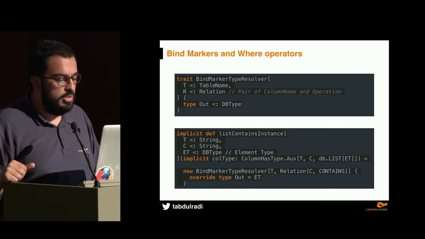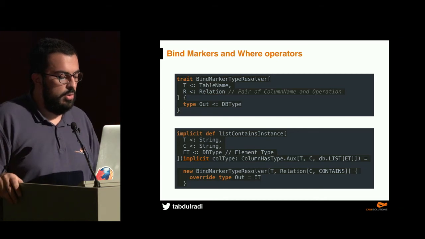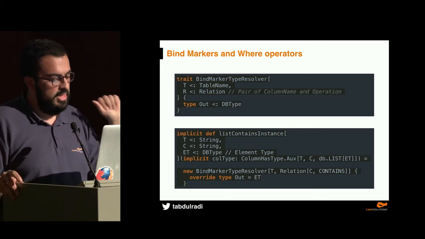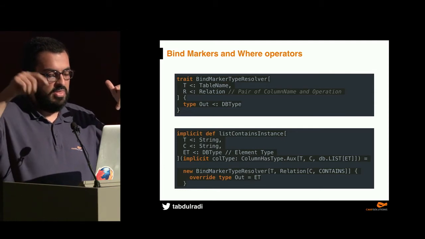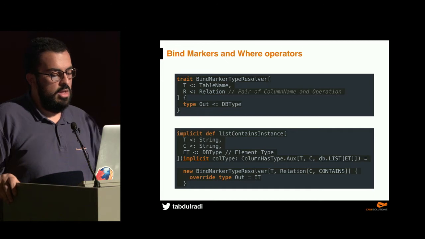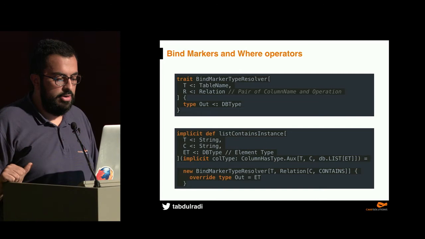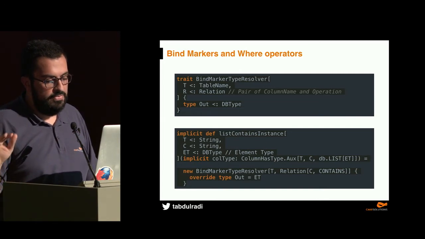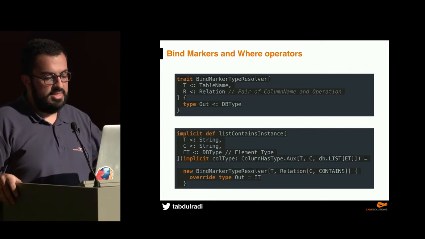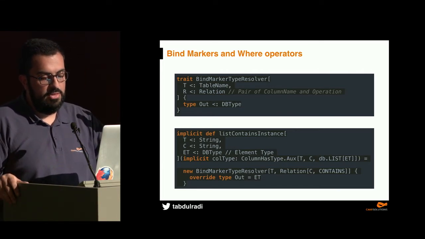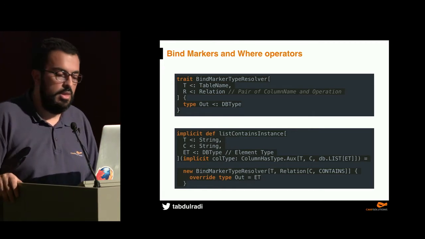For the type parameters, I'm again going to define them composed rather than defining the whole thing in one go. We say there is a table T, whatever, a column C, whatever, and an element ET, the thing that's inside the list. Given those three type parameters, I first ask the compiler if there is a column type instance defined inside this table for this given column name, and the type has to be list of ET.